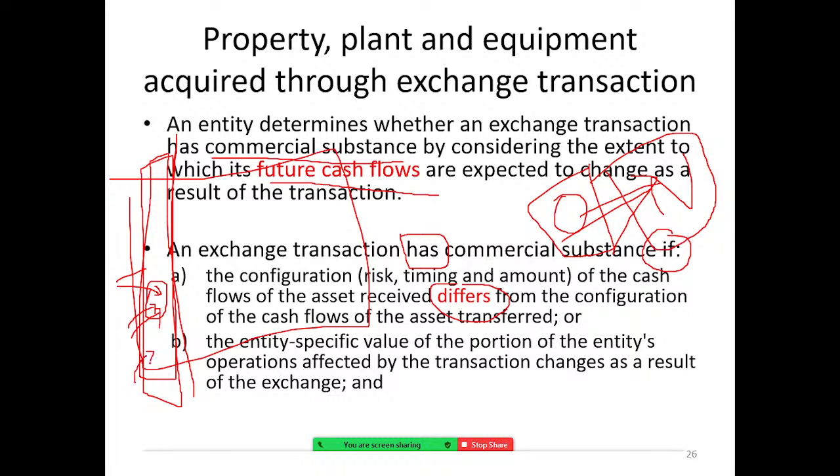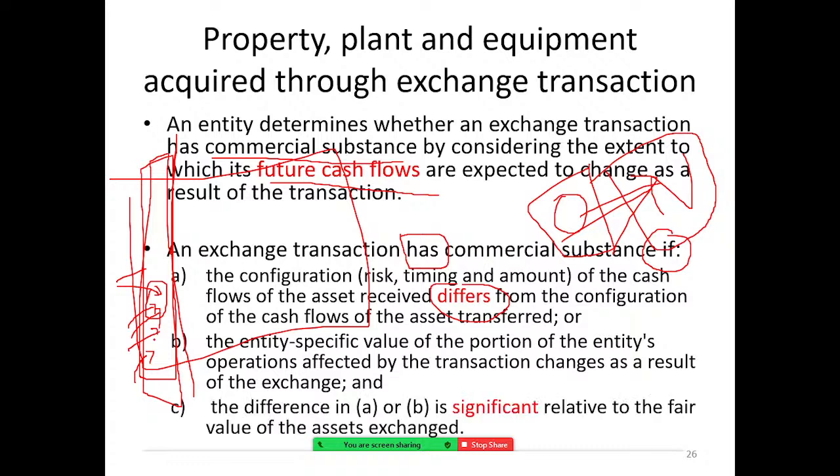So in that case also there is commercial substance, the entity-specific value of the portion of the entity's operations affected by the transaction changes as a result of the exchange.